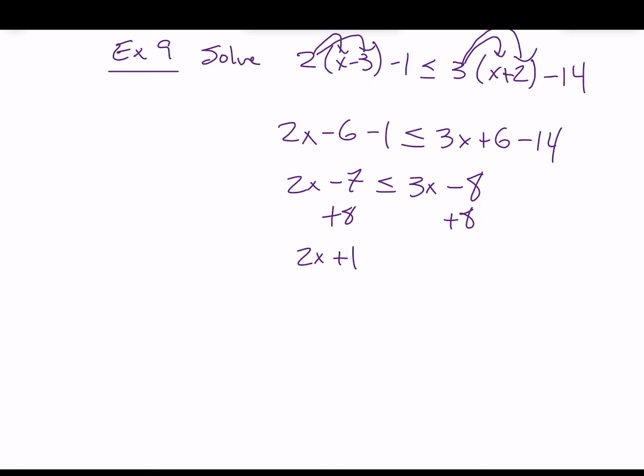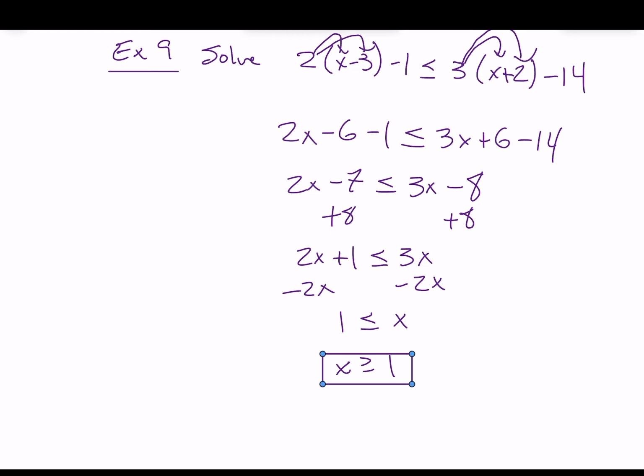And we get 2x plus 1 less than or equal to 3x. We can subtract 2x from both sides, and we're left with 1 is less than or equal to 3x minus 2x, which is x. So our final answer is x greater than or equal to 1. Okay.